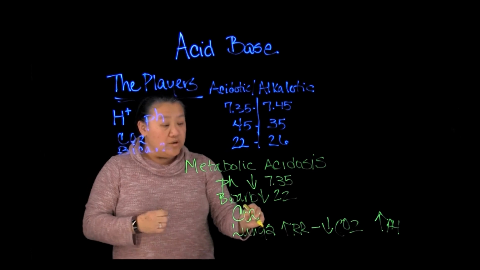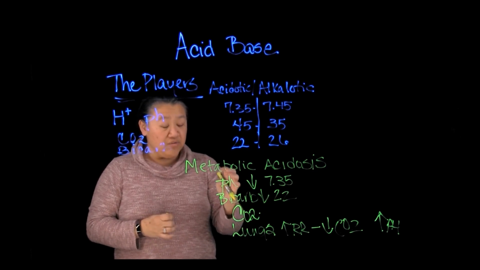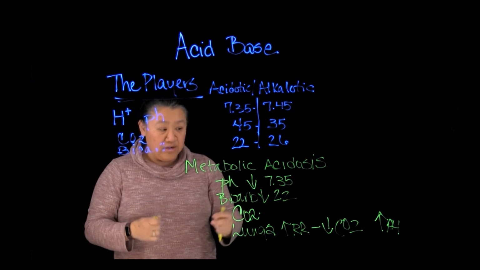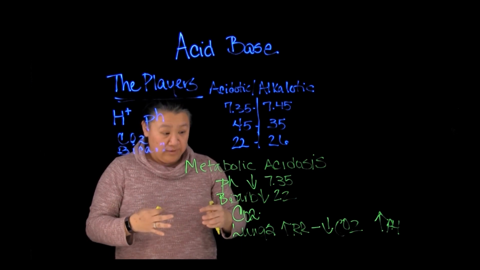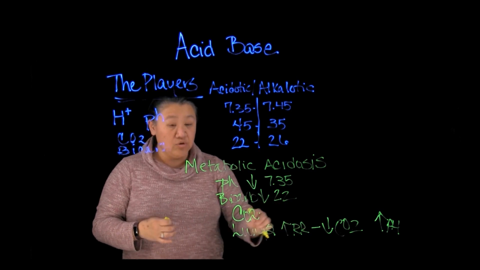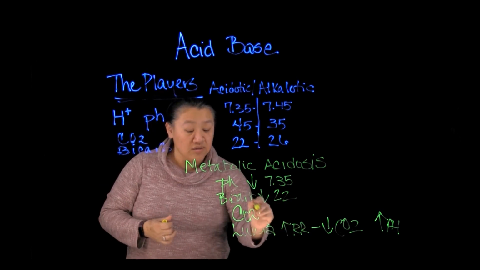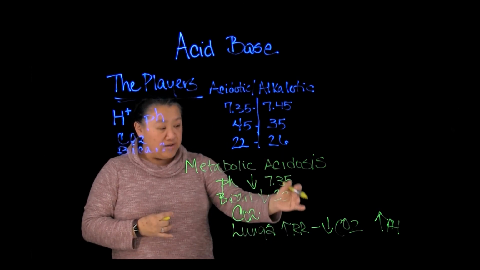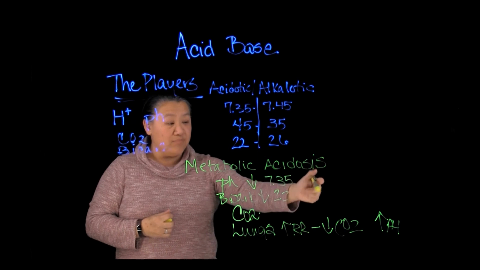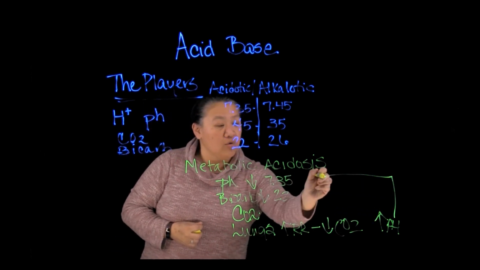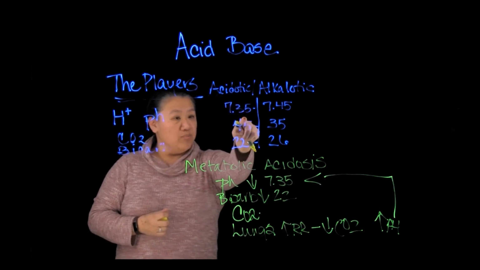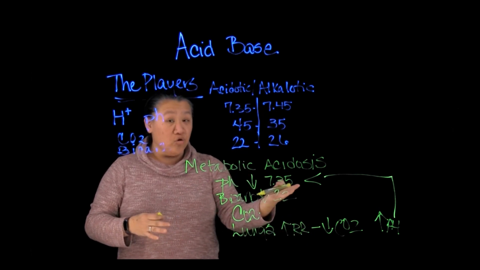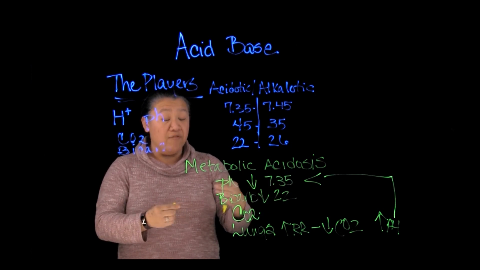So from a physiological standpoint, as you increase the respiratory rate, the lungs will compensate by bringing down the CO2 and then bringing back up the pH. So when it's fully returned back to normal, between 7.35 and 7.45, then you have brought the pH back to normal and you've now fully compensated.